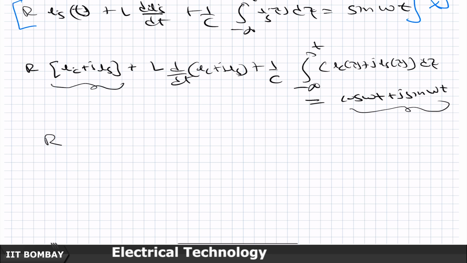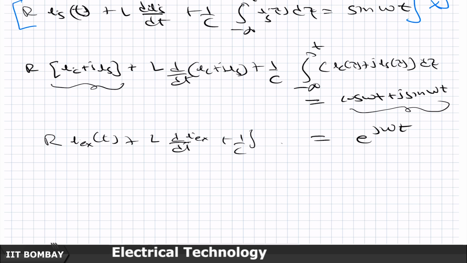Now, the excitation function is the exponential function. Therefore, this i_c plus j i_s is essentially the response to the complex exponential function of t.